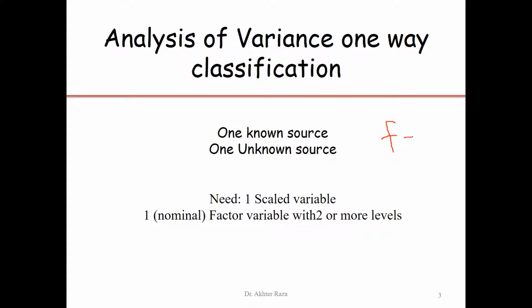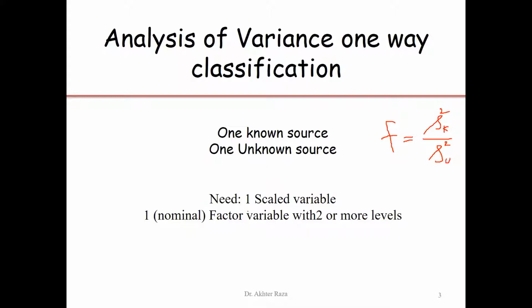So we have a very simple formula for F statistics: variance of known source divided by variance of unknown source. The unknown source and known source are the two variations. I will describe by example what is the known source and what is the unknown source.